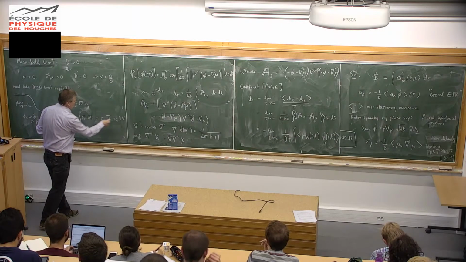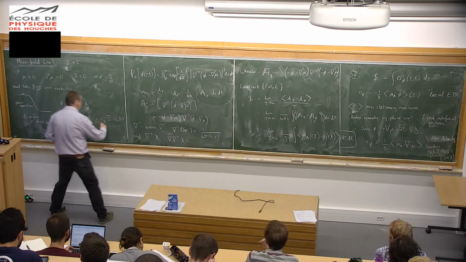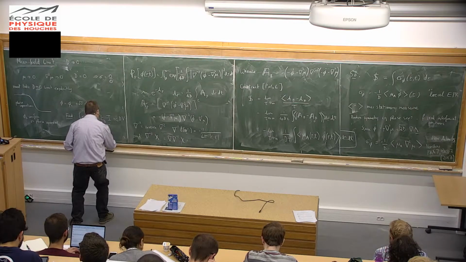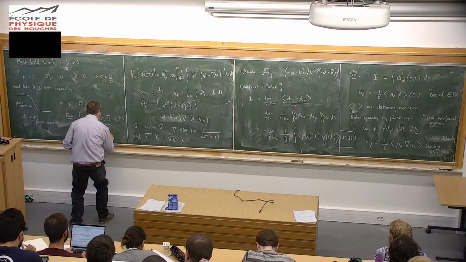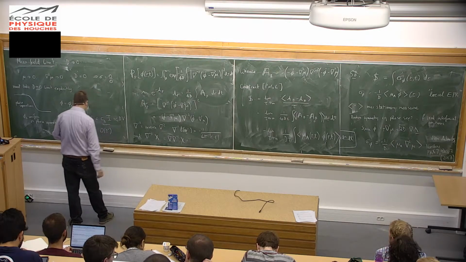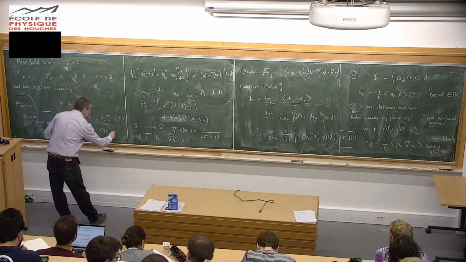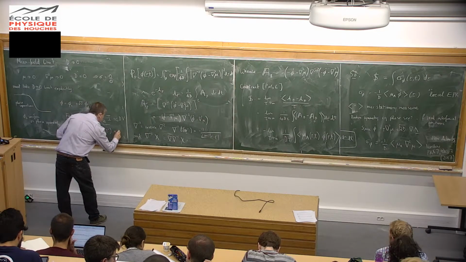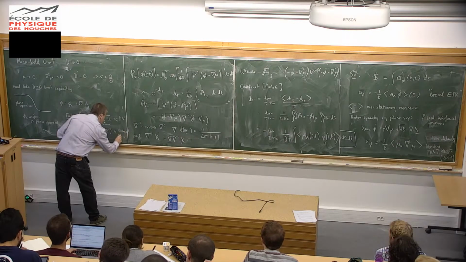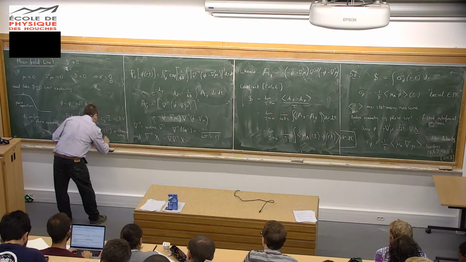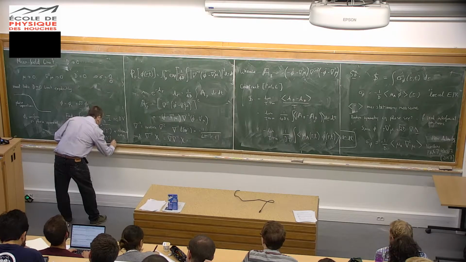So this would depend on how much of the two phases you have. This is order d to the 0, and this is order d to the 1, obviously. The order d to the 0 term is proportional to the interfacial area, and order d to the 1 is a bulk.